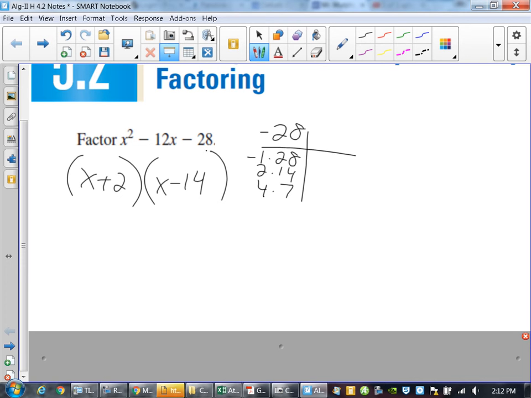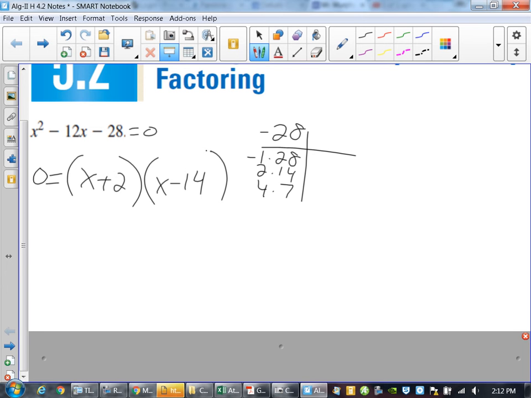Zeros, on the other hand, is when it looks like this. If this problem said x squared minus 12x minus 28 equals 0, then this problem is asking you, where does this parabola cross the x-axis? For what values of x do you get 0 for y? So you have to add those together to get negative 12, right?